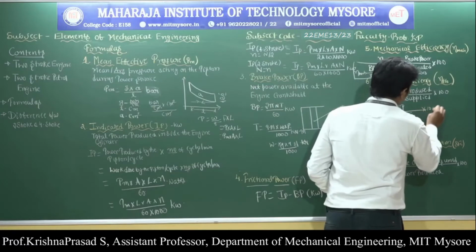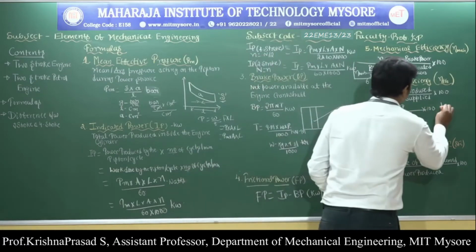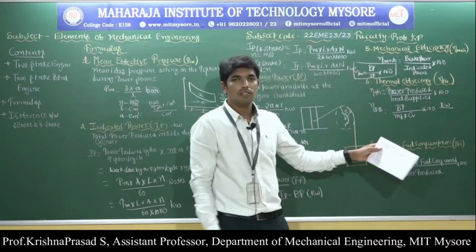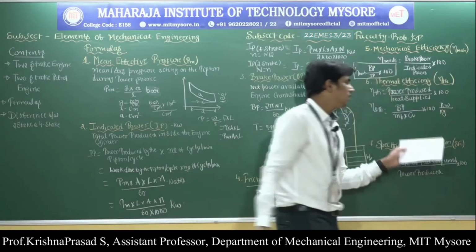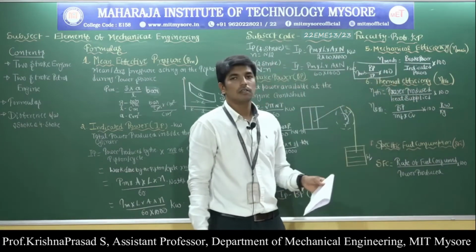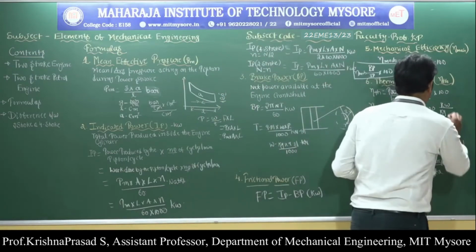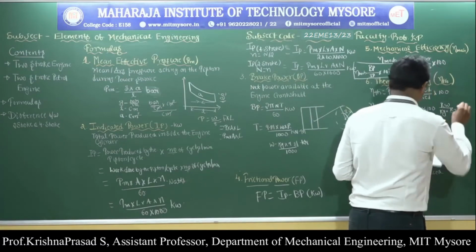Here BP is the brake power in kilowatt, MF is the mass of the fuel supplied in kg, and CV is the calorific value, usually represented in kilojoule per kg.